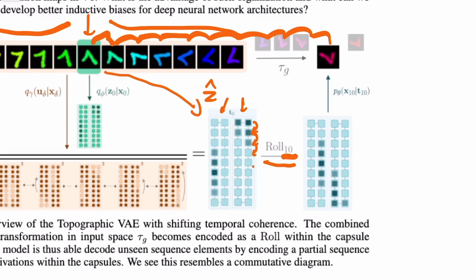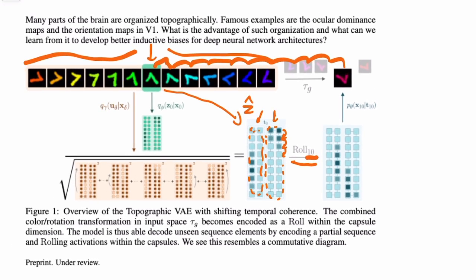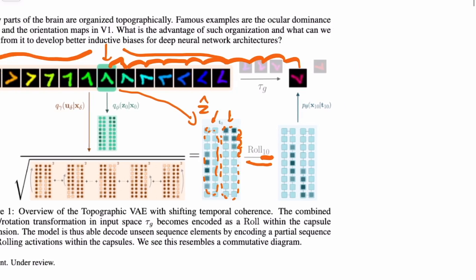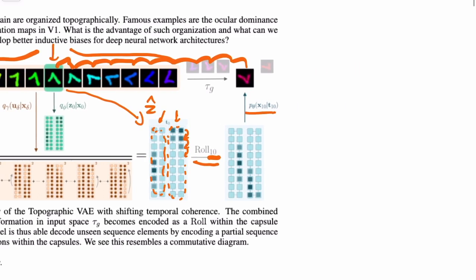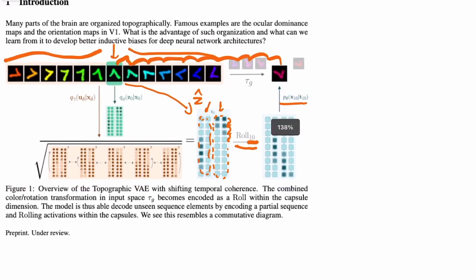This is arranged in sort of a torus here, a 1D torus, so I can just roll this around, and also this capsule, 10 times. Hopefully, if we train the model correctly, that should correspond not to the input image, but to the image that is 10 steps into the future. Okay, so that is the goal. Now, we don't want to train a model explicitly to predict 10 steps into the future.